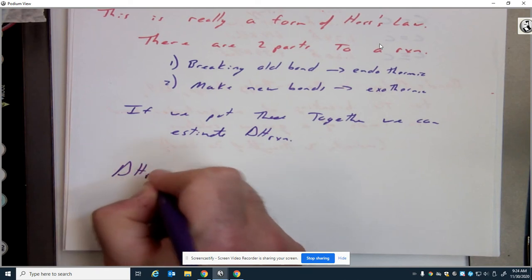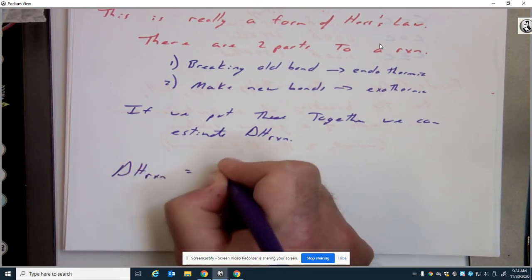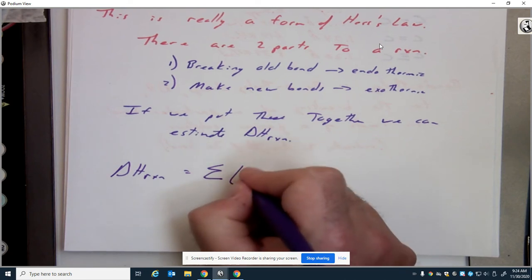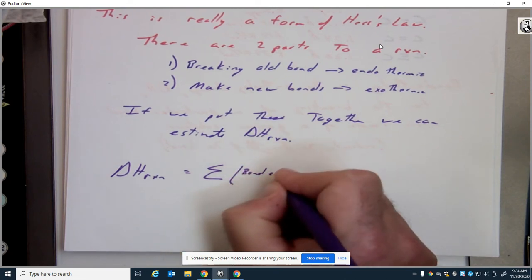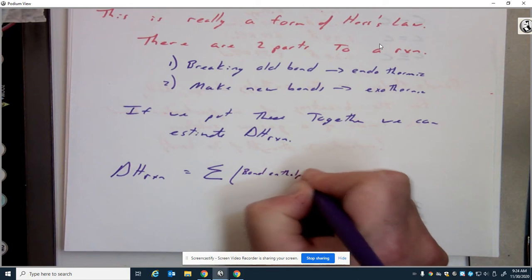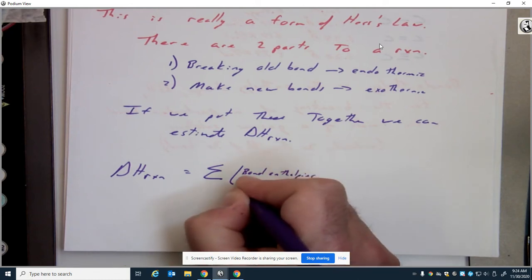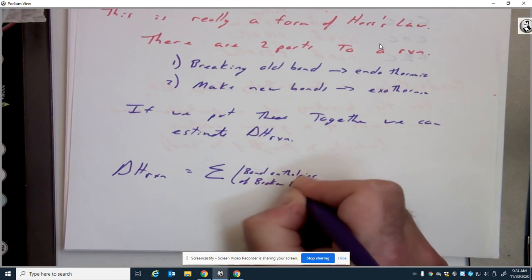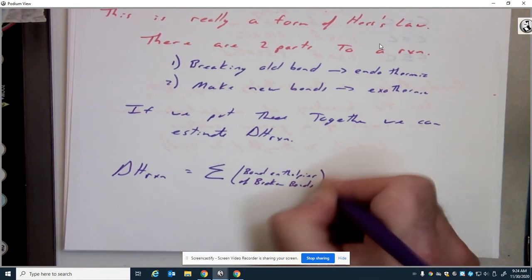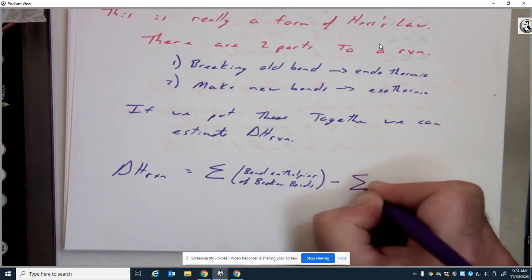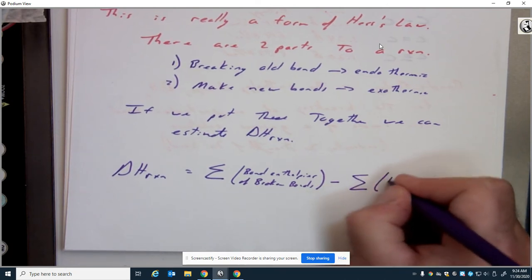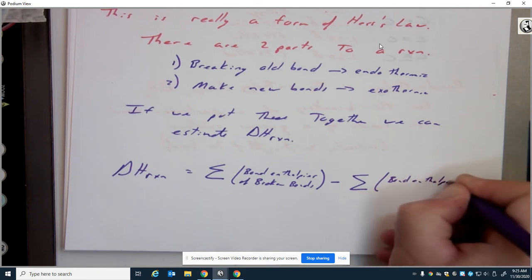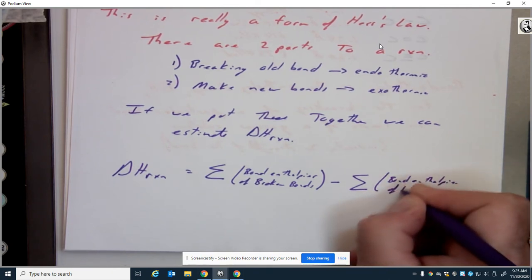Our delta H of reaction is equal to the sum of bond enthalpies of broken bonds minus the sum of the bond enthalpies of bonds formed.